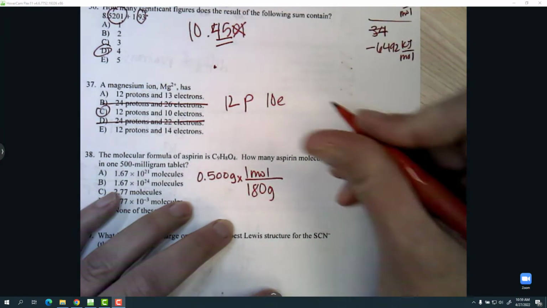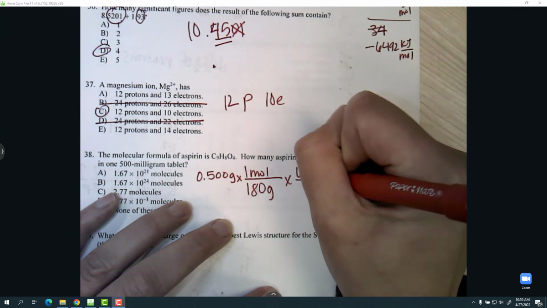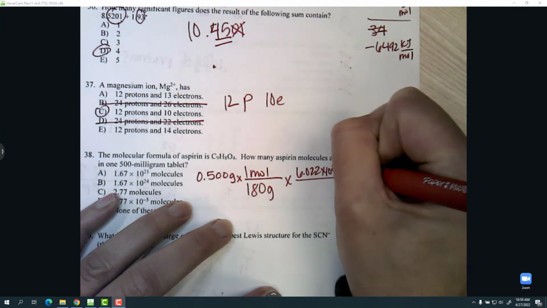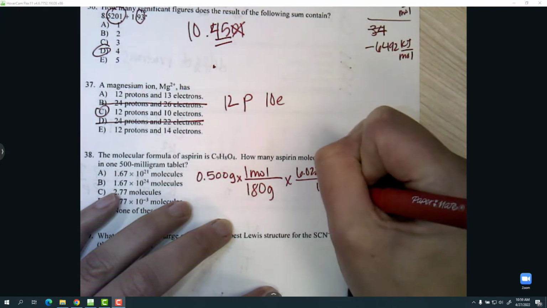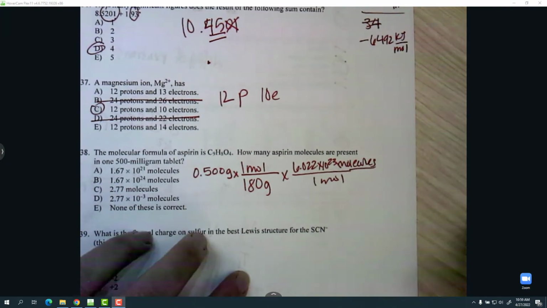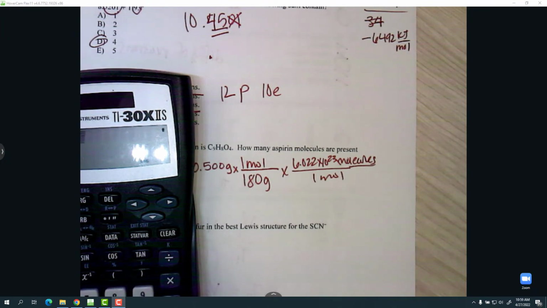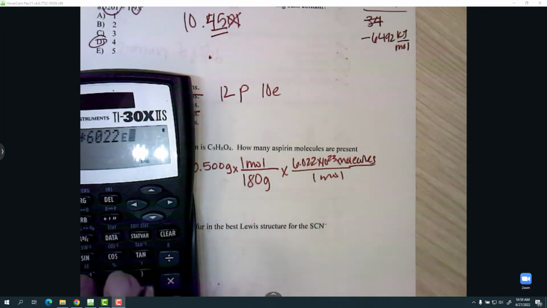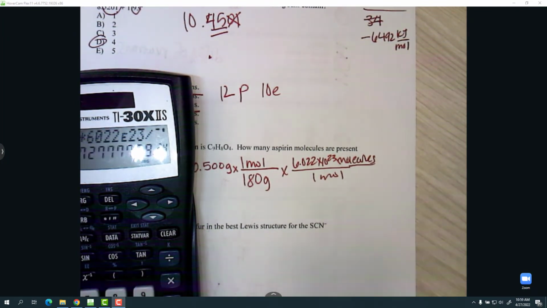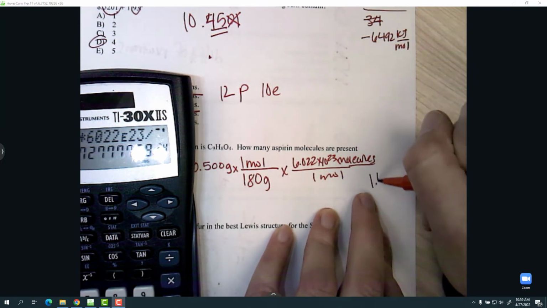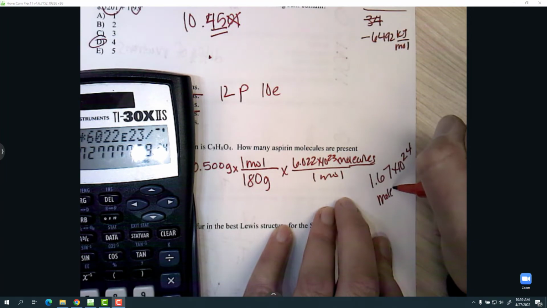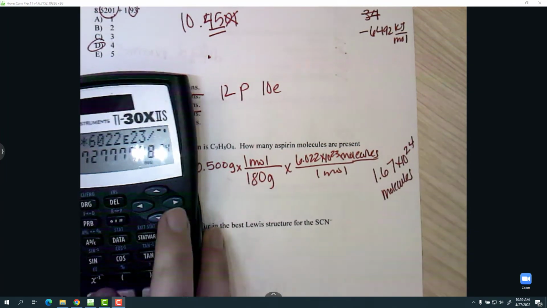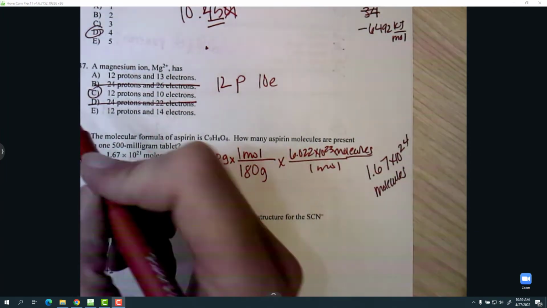So that's moles. I need it in molecules, so multiply by Avogadro's number. .67 times 10 to the 24th molecules.